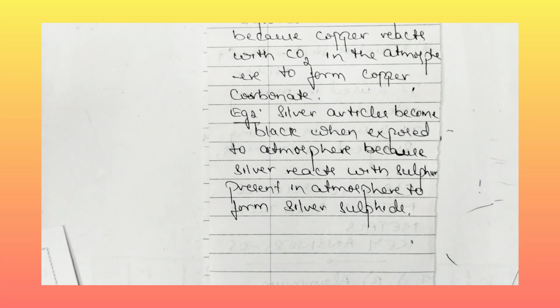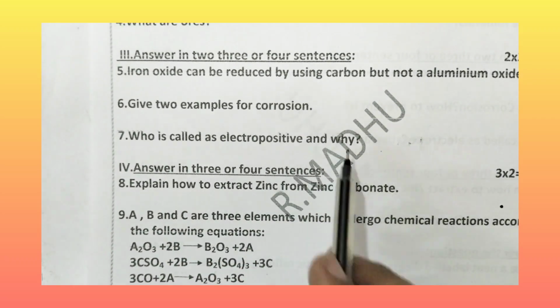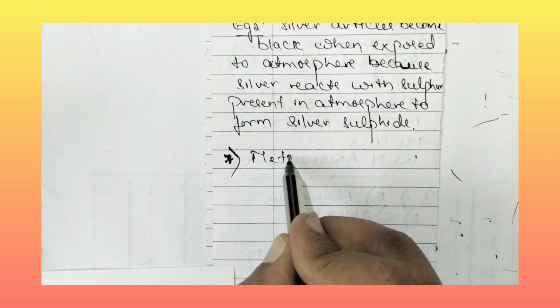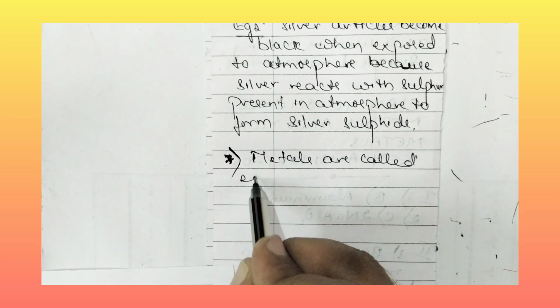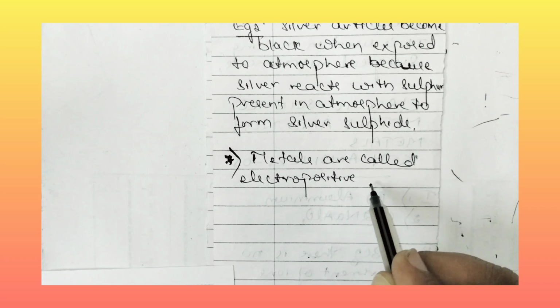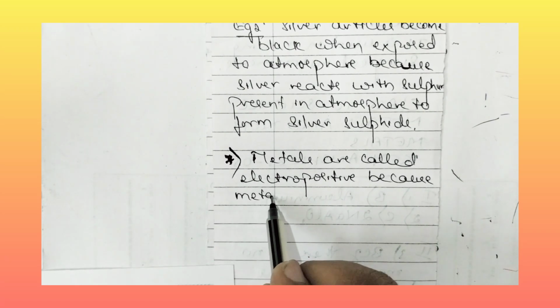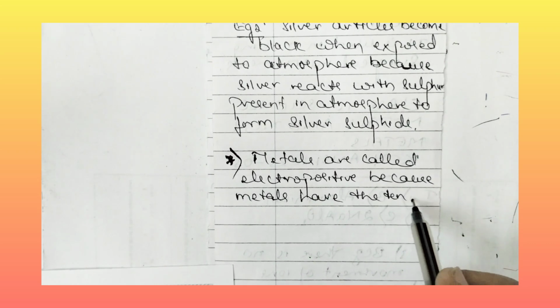Next, let us move to question number 7. This is a repeated question. Which are called electropositive and why? Metals are called electropositive because metals have the tendency to lose electrons.